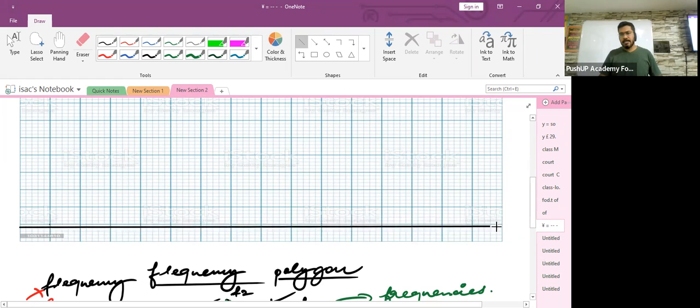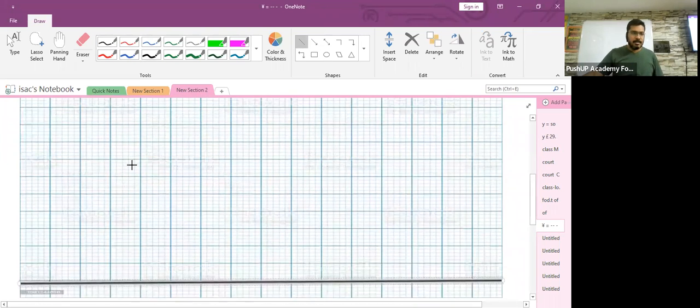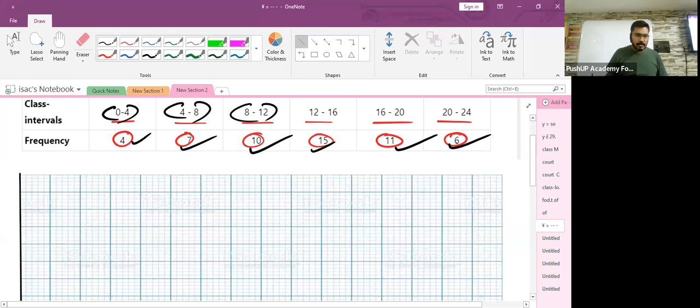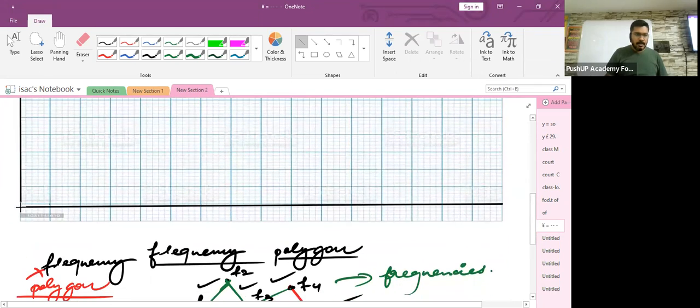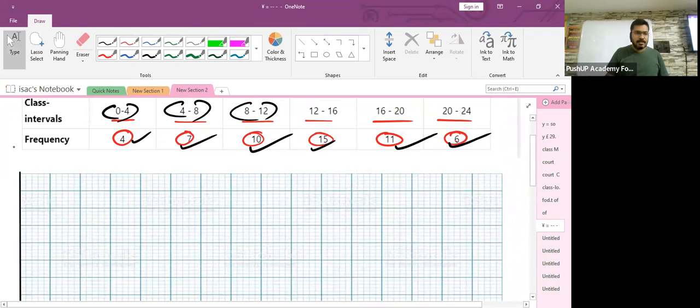This is your x-axis. And this is your y-axis. Start drawing it. I'll label it here. This is x-axis and this is your y-axis.